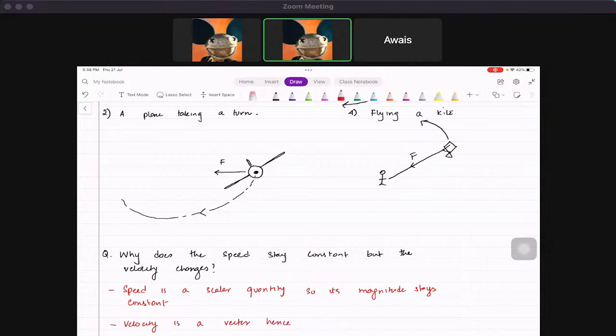Hence, as the direction changes, velocity changes too. Alright, please write this down. If you have any questions, please let me know.